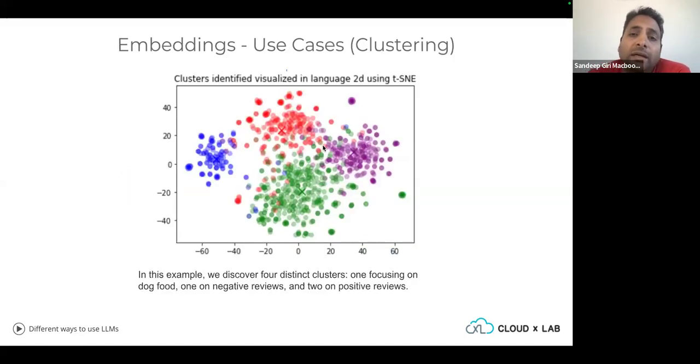Then the other thing you could do is clustering. For example, you have lots of customer reviews from the client. What you can do is compute the embedding of all the reviews. And once you have the embeddings of all the reviews, you can reduce their dimensions to 2D and plot them.